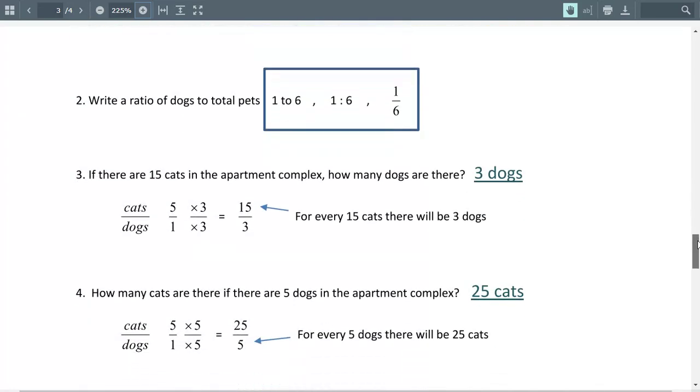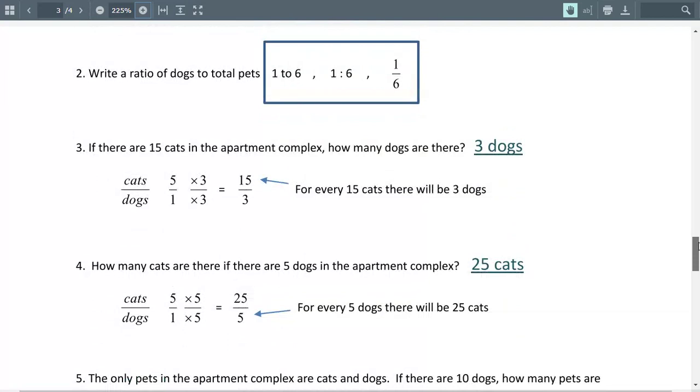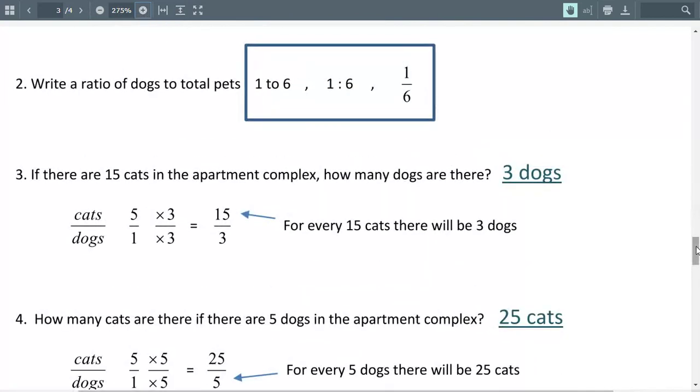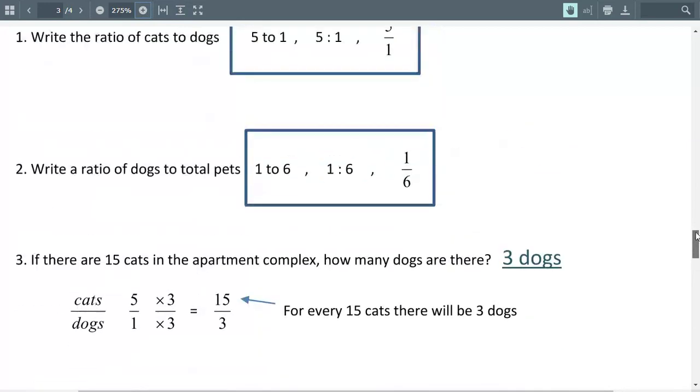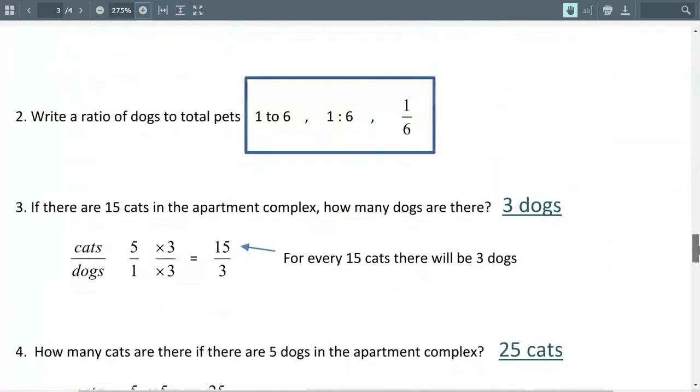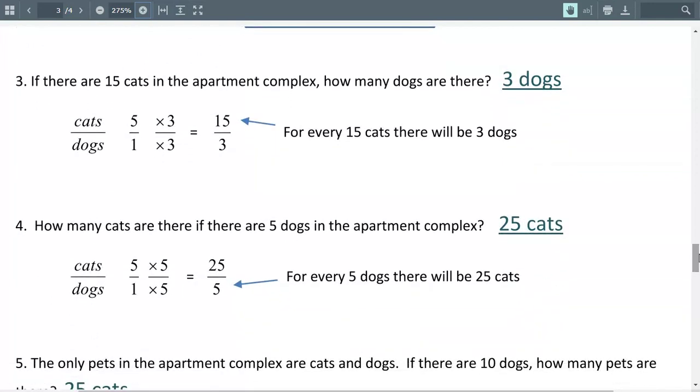If there are 15 cats in an apartment complex, how many dogs are there? So what I would do is I'm comparing cats to dogs. So again, I would look at my ratio of cats to dogs. And what I did is I wrote cats on top over dogs. There are 5 cats to every 1 dog. The question's asking to find 15, if there were 15 cats.